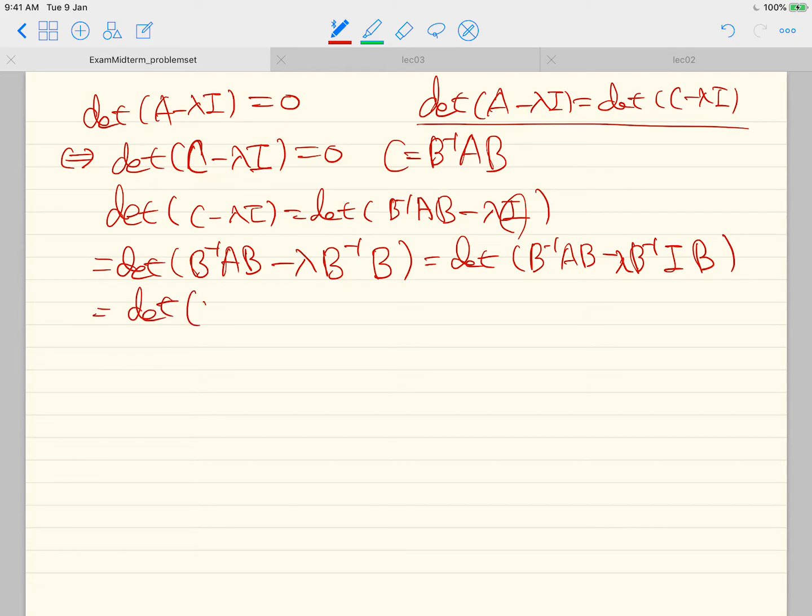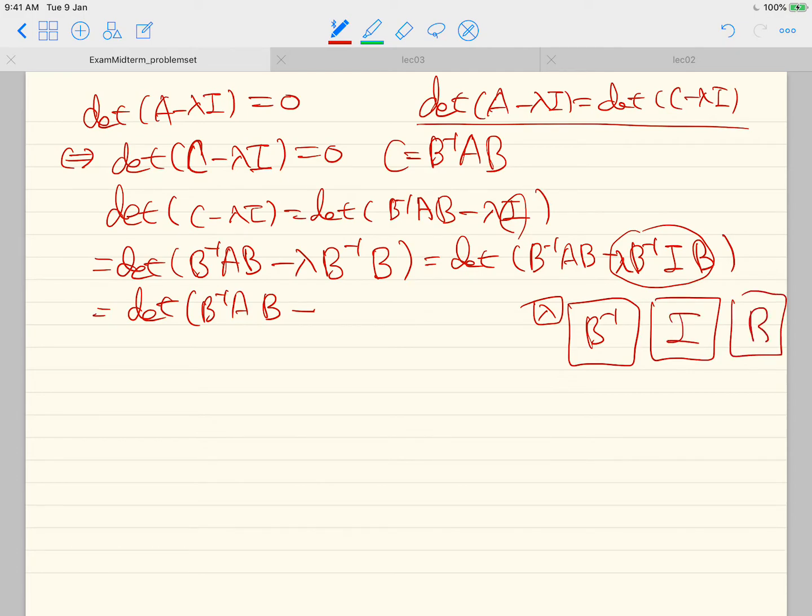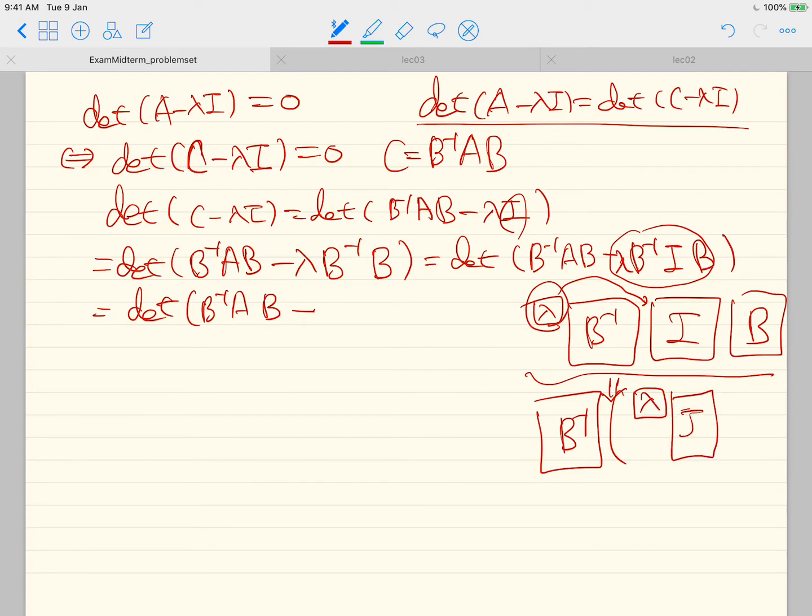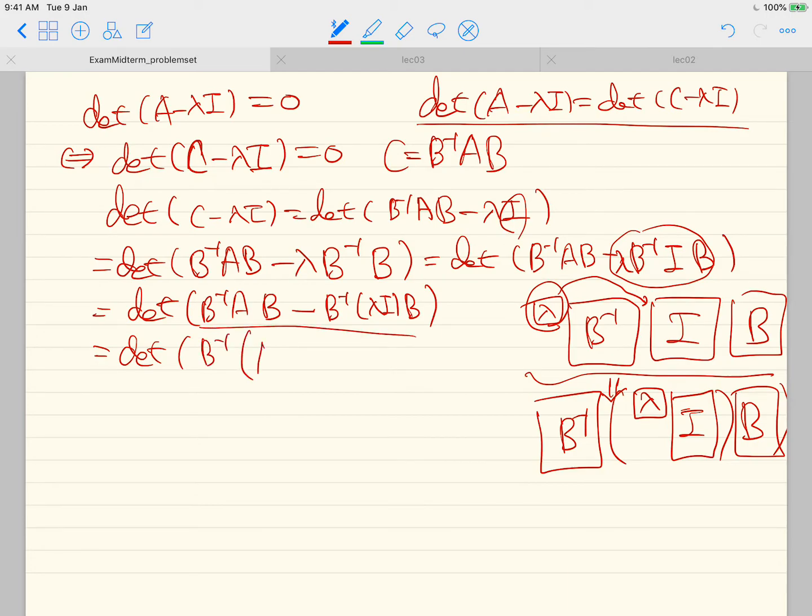So the determinant of B inverse A B minus lambda B inverse I B. Now this exact representation is changed into B inverse times lambda I times B, and the determinant of B inverse, and it can be factored out into A minus lambda I and B.